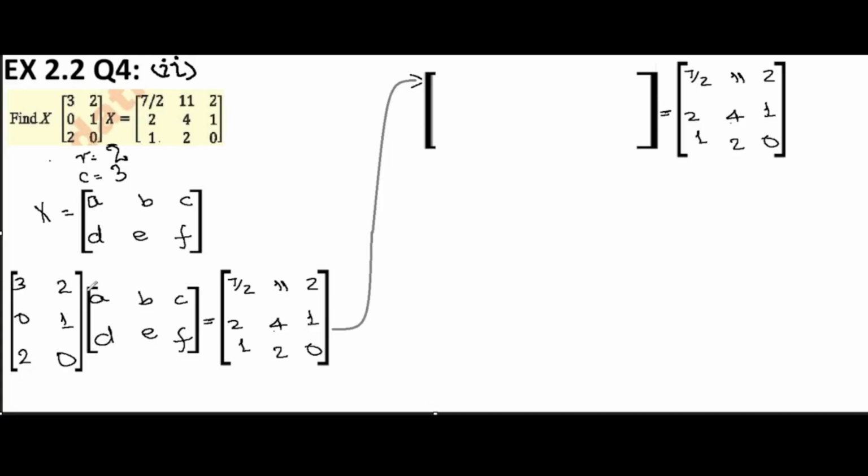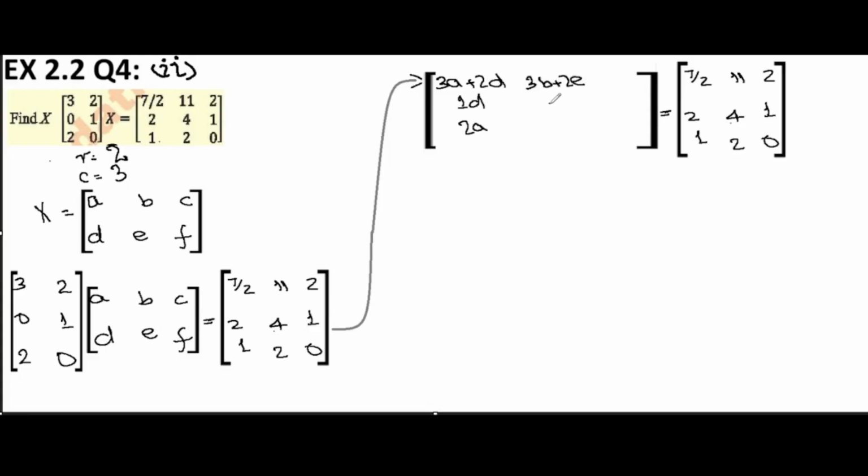So first row with the first column, we get 3A plus 2D. Then second row with the first column, 0 into A we get 0, and 1D as it is. And then 2, 0 multiplied with A, D, so 2A plus 0D gives us 2A. First row and second column, we get 3, 2 multiplied with B, E, so 3B plus 2E.